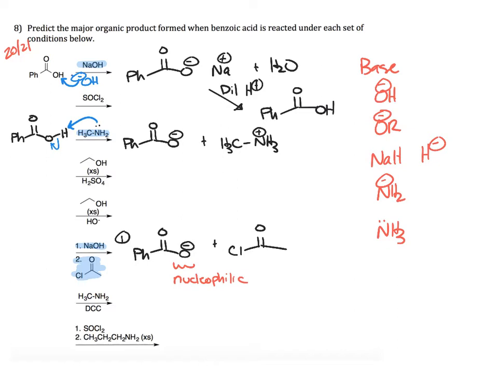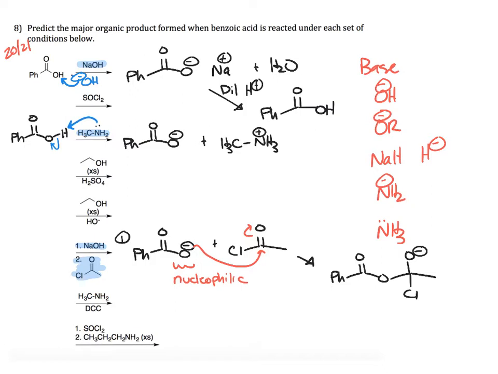So that's what we're going to do here. We're going to use this oxygen as a nucleophile, add that to the carbonyl carbon. We've done that many, many times. That gives us this tetrahedral intermediate.